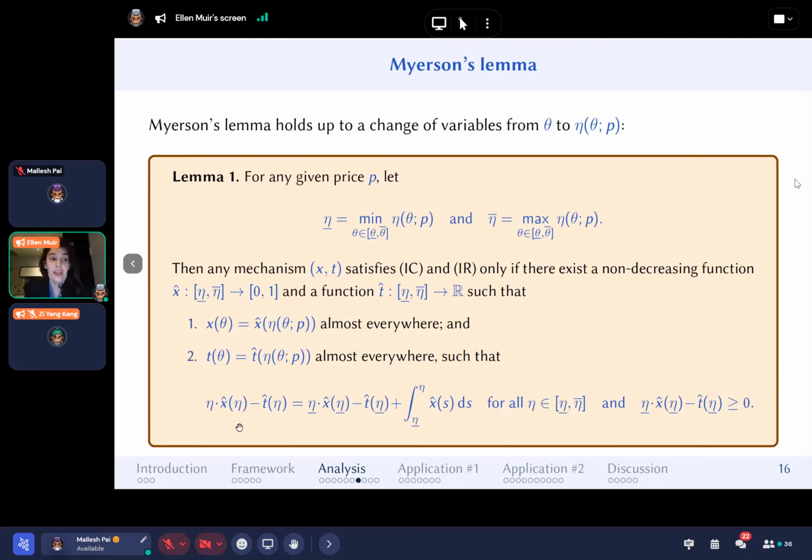So we get this standard characterization of incentive compatibility in terms of having a non-decreasing allocation rule, writing allocation rules as a function of effective types, and then this characterization of the local incentive compatibility constraints in terms of this envelope formula.